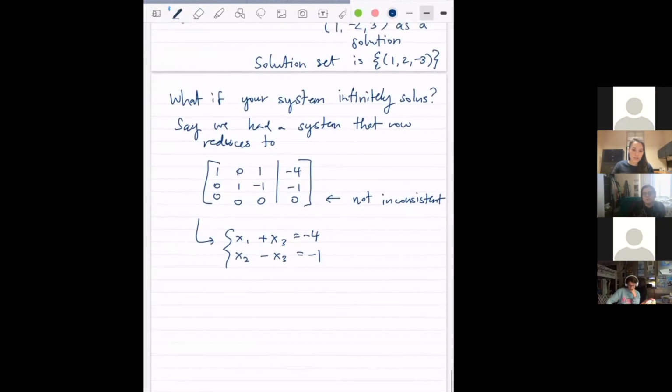So what we're going to do is define basic variables and free variables.